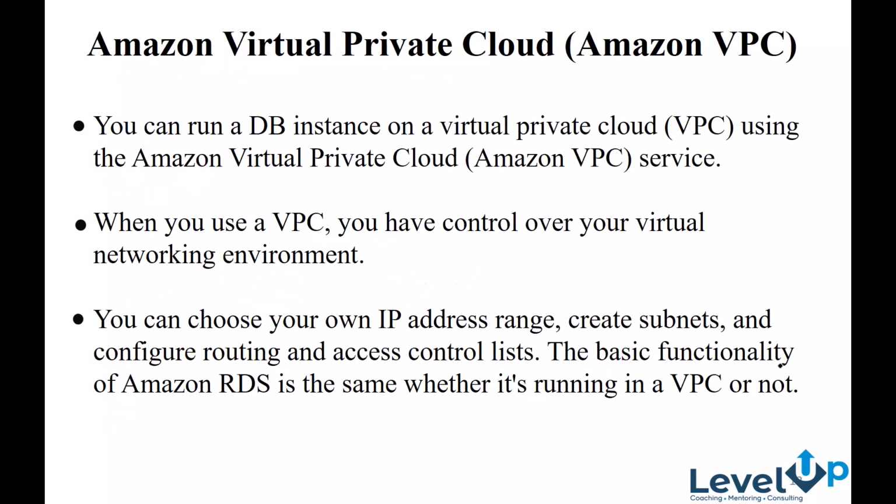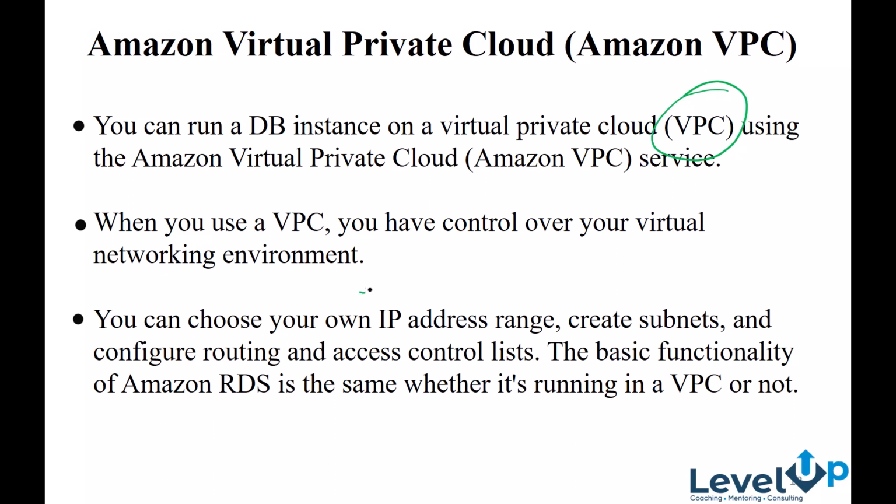Now the next thing is, can I create an RDS in my own network? Yes. On AWS you can create something called a VPC as a network, right? So once I create a VPC, I can create a database instance in the VPC, that means in our own network. So what happens if I create an RDS in my own network?